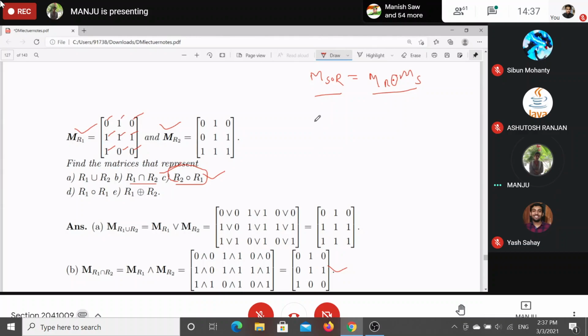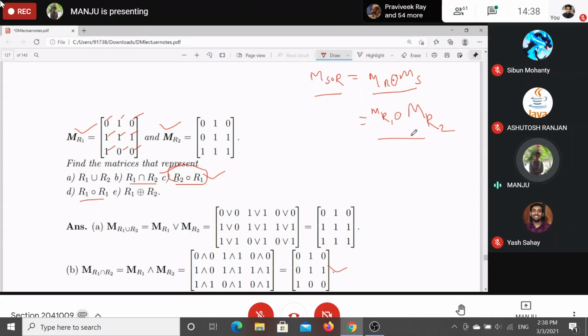So this one will be MR1, right? The right hand side is R1. So MR1 is written here with MR2. Clear? Okay.